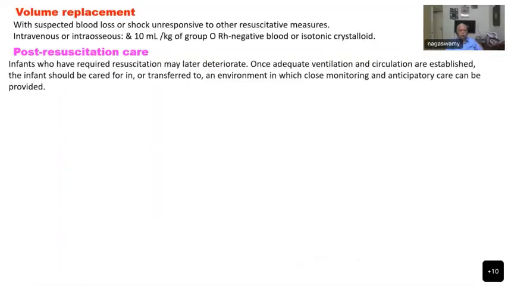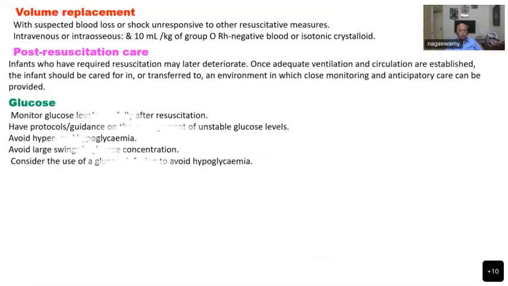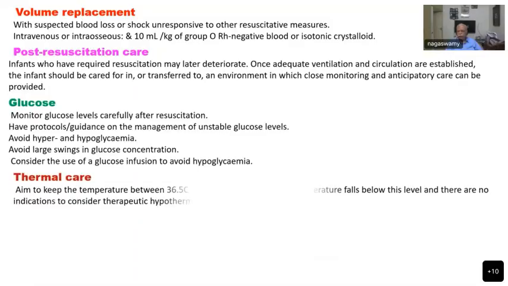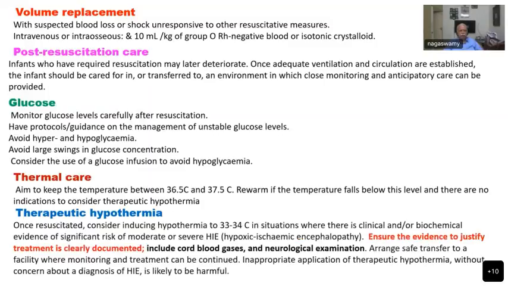And in post-resuscitation care, assessing neurological recovery is very, very important. Post-resuscitation glucose level monitoring is also very important. Temperature care should be done properly. You can use therapeutic hypothermia, but there should be evidence to justify the treatment. It's very, very important.